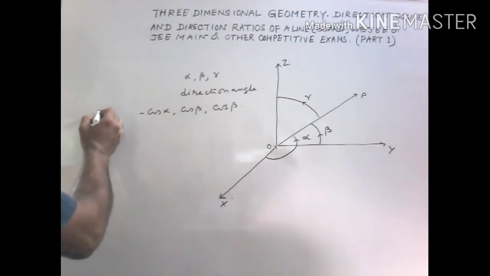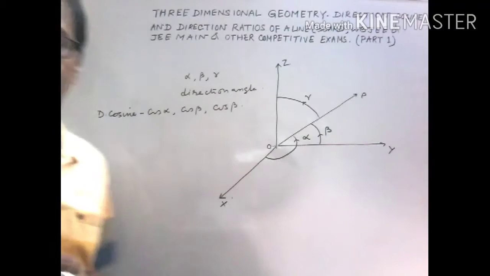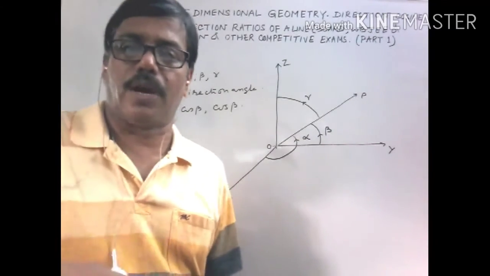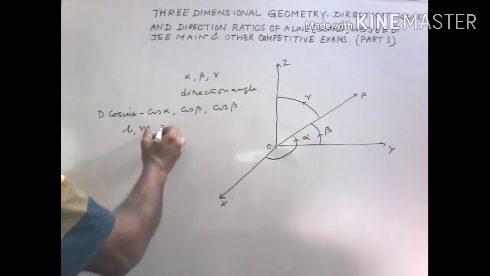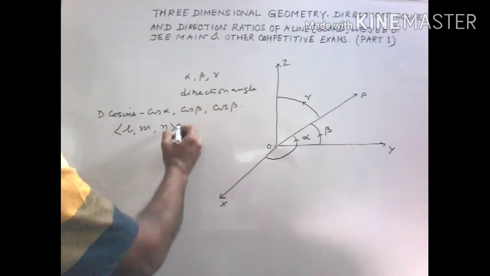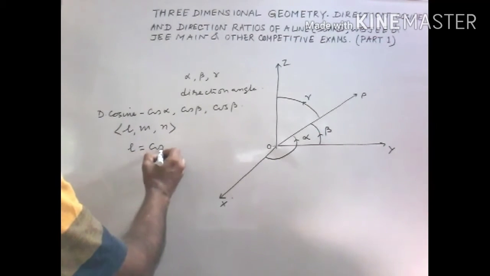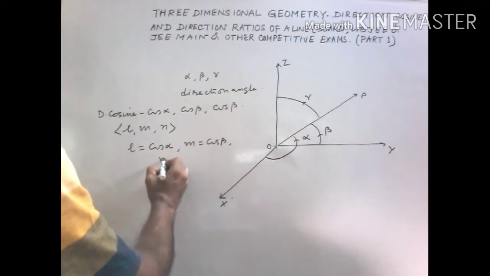So the direction cosines of the line are denoted by L, M, N. L is cos alpha, M is cos beta, N is cos gamma.